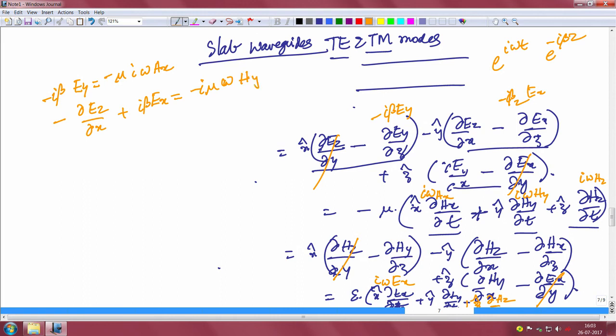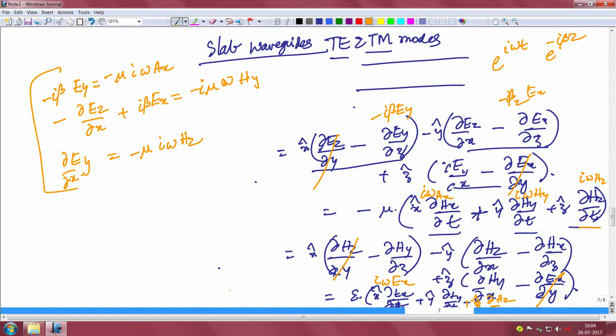This is another equation, and for the other one, Ey by Ex, the z component, should be equal to minus mu I omega Hz. These are the three equations that we get from the first set of equations.